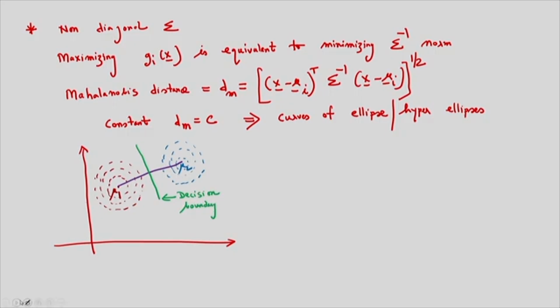So these are the contours of equal Euclidean distances.